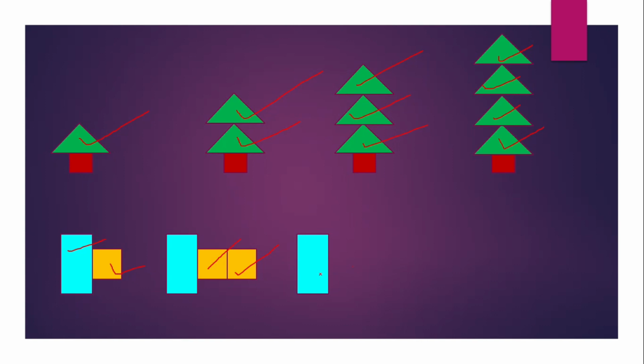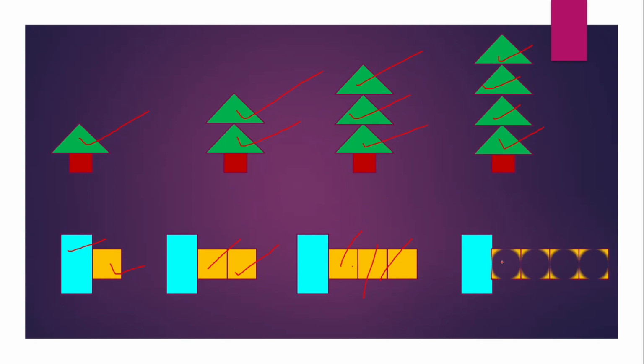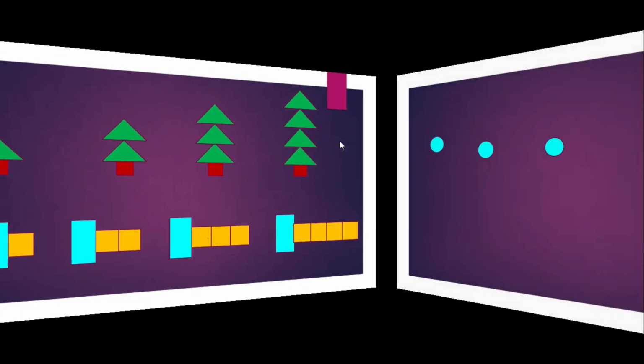So the next one will have 1, 2 and 3 squares. And similarly in the next one, how many squares? 4 squares in all. Right. Now let us move to the next slide.